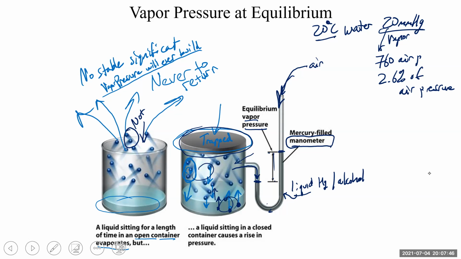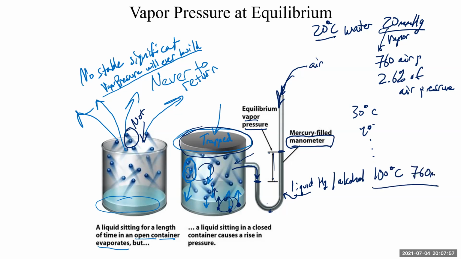But keep raising that temperature, 30 degrees, 40 degrees, etc. Keep going until you get to 100 degrees Celsius. Then what's water's vapor pressure? Then water's vapor pressure becomes 760 millimeters of mercury, or in other words, 1 atmosphere. That's what we call the boiling point. The boiling point is simply a special case of vapor pressure.